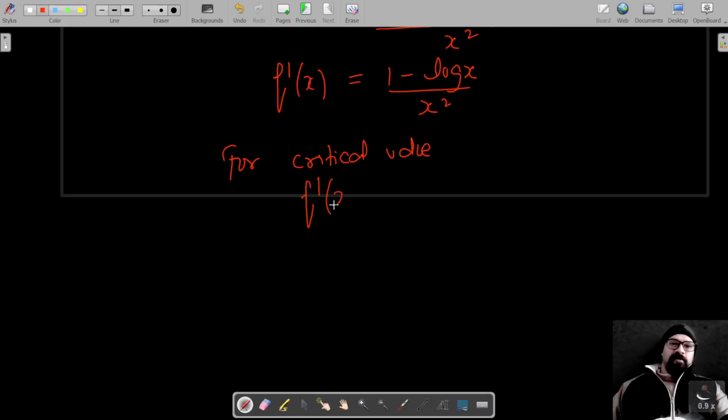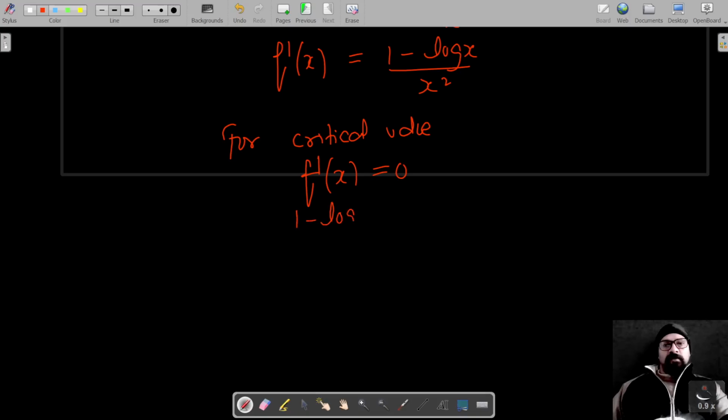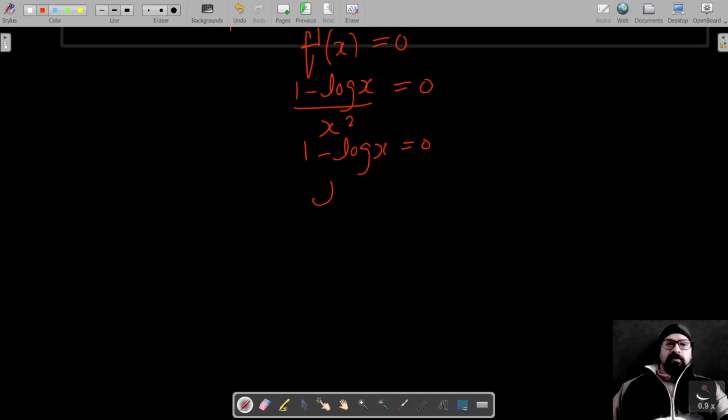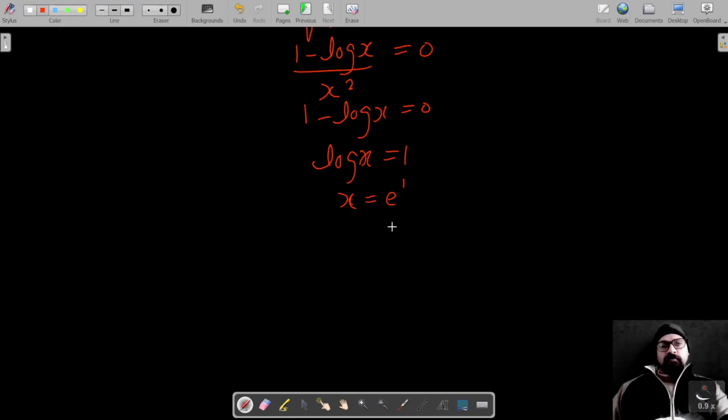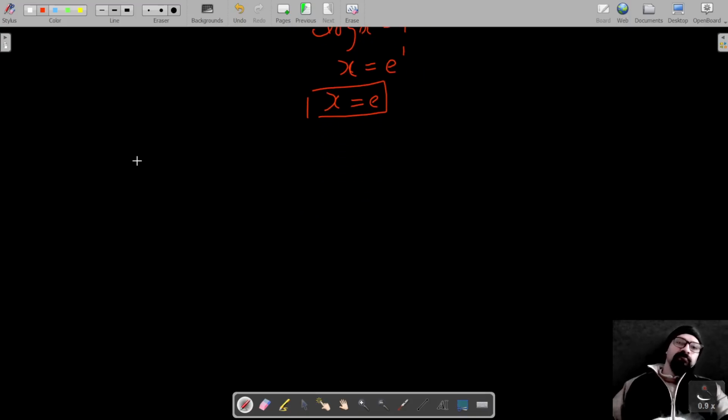If you put f dash x equal to 0, this is 1 minus log x upon x square equal to 0, which gives 1 minus log x is equal to 0, or log x is equal to 1, which gives x is equal to e raised to power 1. So our critical value is x is equal to e.